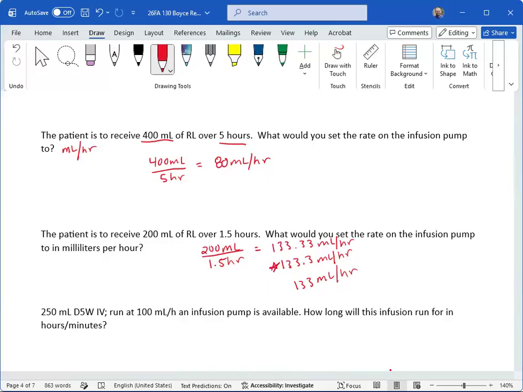But if your instructor tells you to round to the nearest whole number, or more than likely, instead of doing 200 milliliters over 1.5 hours, they'll do 200 milliliters over 2 hours, and then it's just 100 milliliters per hour, and then you don't have to worry about rounding, is the most likely scenario. But if they give you this, I think you have a good argument for going in and calculating the flow rate.